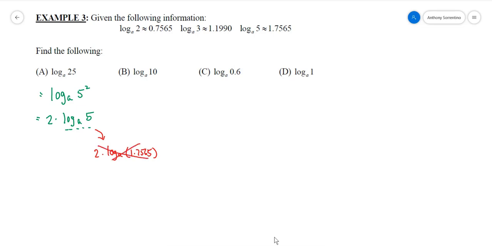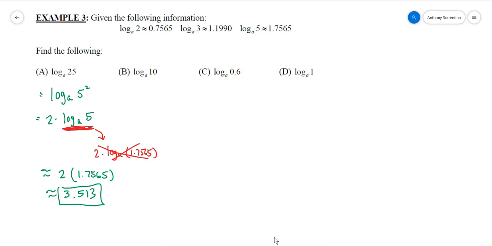So when I do the substitution, I'm substituting the 1.7565 in for that number only. And so that's going to be approximately equal to 2 times the quantity 1.7565, which is going to be equal to 3.513, and that would be the answer. So now we know what the log base a of 25 is.